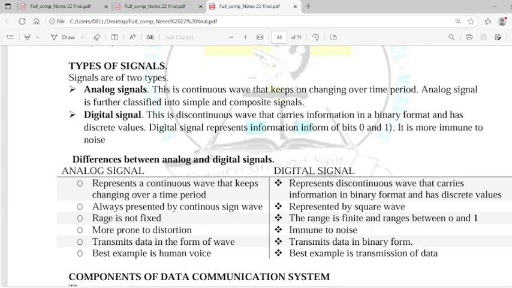Then we also have the digital signals. Digital signals are in discontinuous form, and they carry information in binary formats or discrete values. When we talk of the binary formats or the discrete values, we are talking of the smallest units that the computers understand or use for communication.